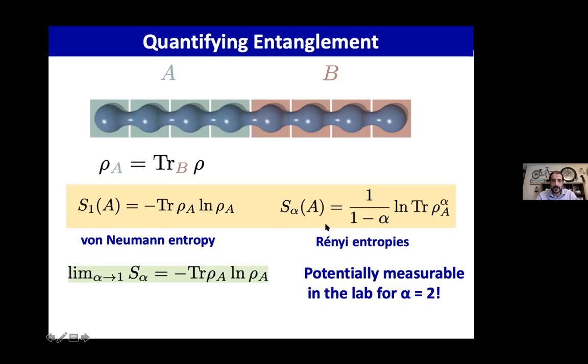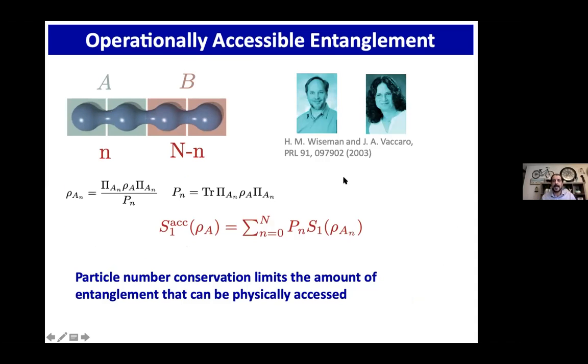Right, so that's the general idea about measuring the amount of information. However, in systems of identical particles, there is an idea introduced by Wiseman and Vaccaro that restricts the amount of information that can be shared between these two partitions for quantum information processing.